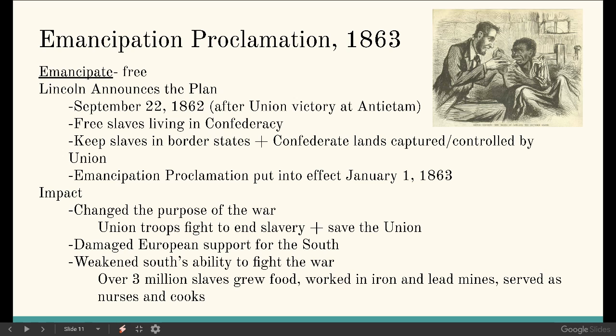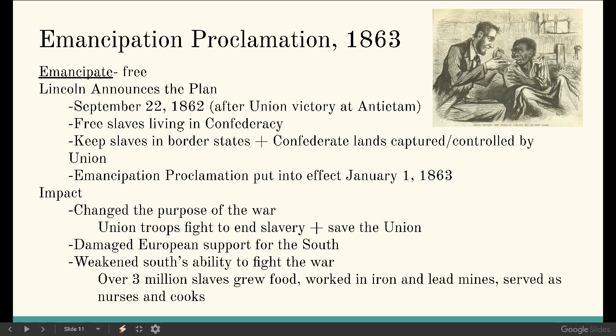It also damaged European support for the South. The South was exporting a lot of cotton to Europe, and with that relationship, they were hoping for European support during the war. But Europe was not real keen on slavery at this point. A lot of European countries had outlawed the slave trade at the beginning of the 1800s.